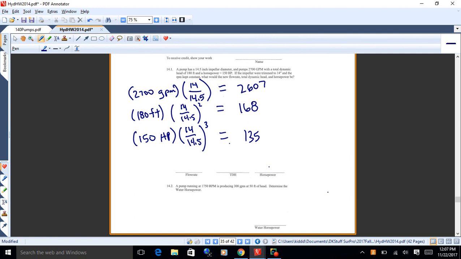So what you would do then, you'd take 14 over 14.5, and I'm not even sure what that works out to be. You just take that ratio, and then there's usually a button called X to the Y, and then 3, and then equals. That's normally how that goes.